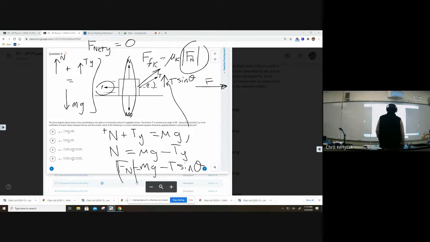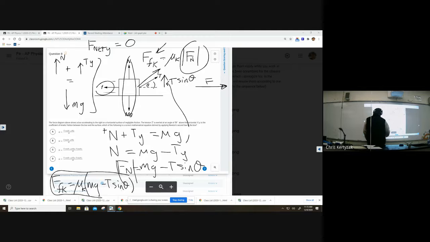So if we want an equation for the sliding friction force, which we need, the sliding friction force would be mu k times this business on the right, mg minus T sine theta. That's an expression for Ffk, right?